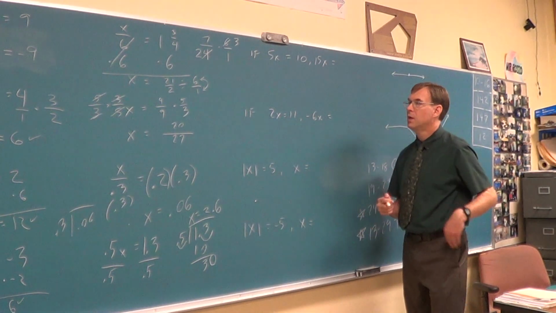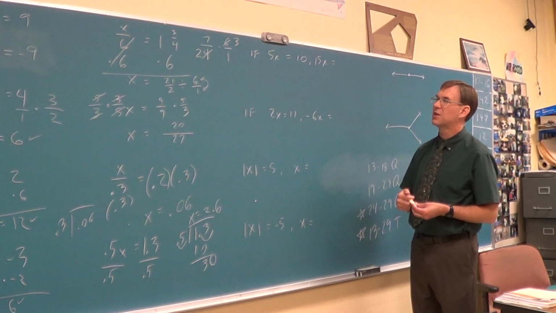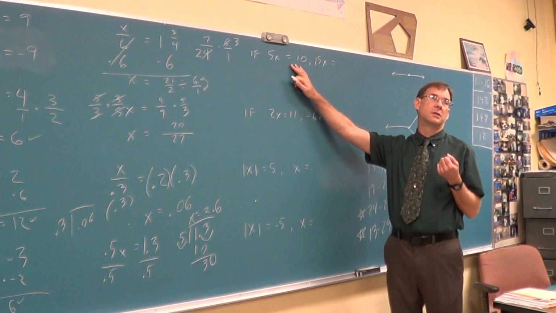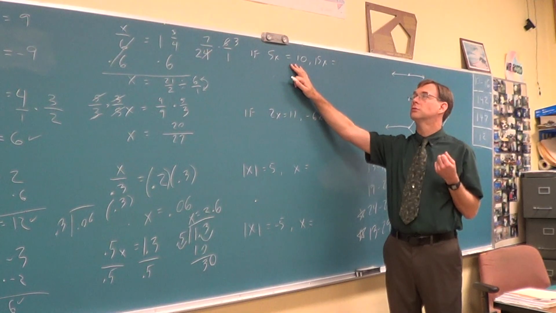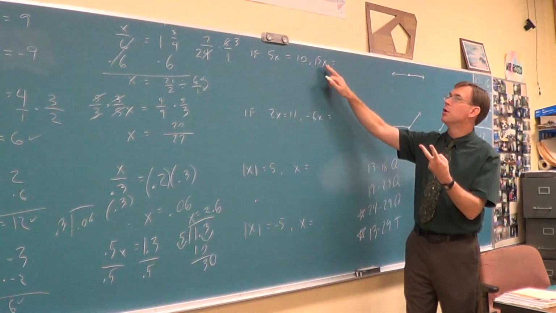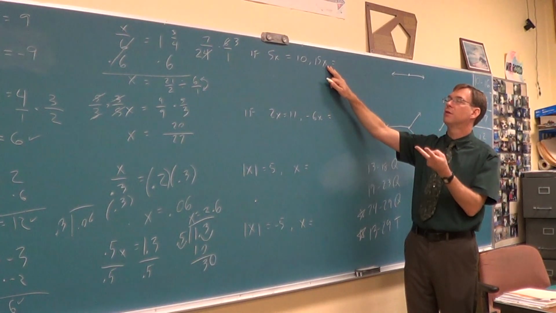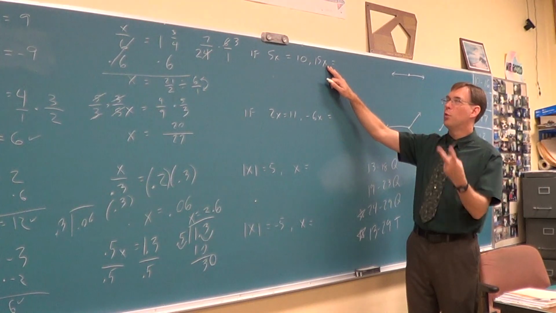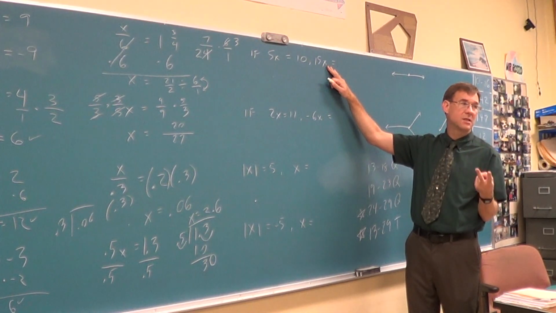One more column. So here's the same concept as yesterday. You could solve this and figure out that x is 2. Once you got the 2, you could plug it in here and do 15 times 2 to get 30. If you want to do that, I won't say you can't because it's valid.